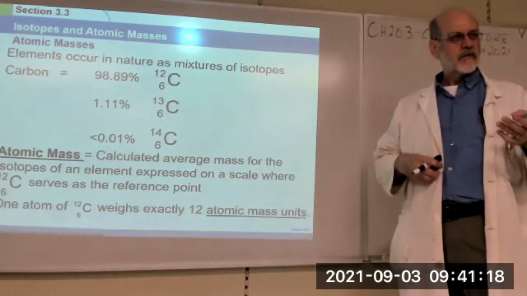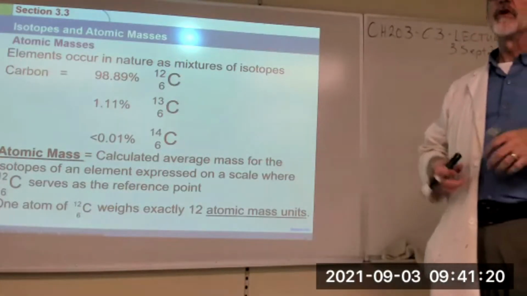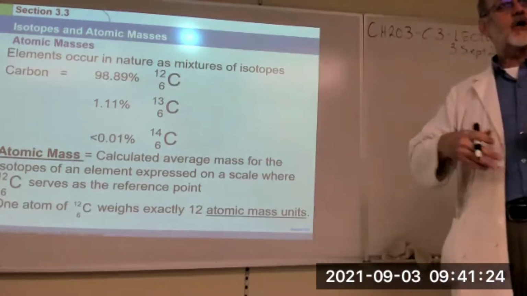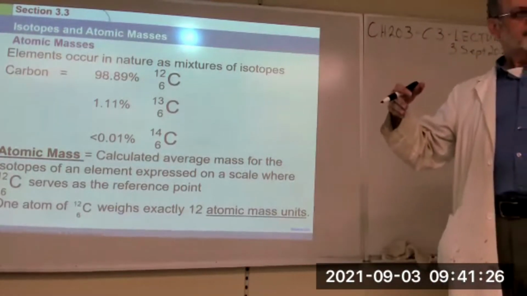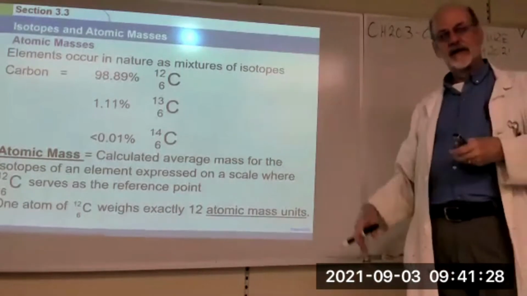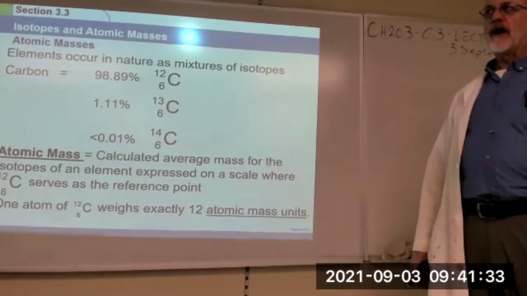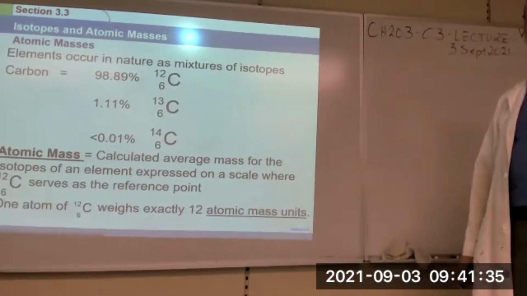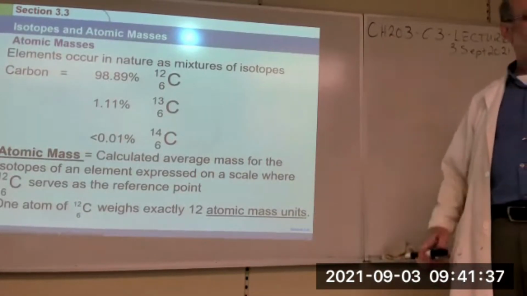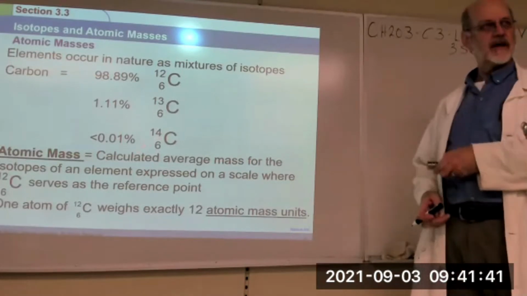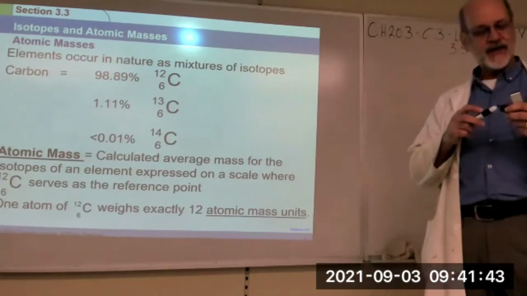So if you have rocks that you think are really, really old, you want to use a different isotope that has a longer half-life. Then you can go further back in time. For carbon-14, you probably can't go much farther than maybe 15,000 years. Anything older, there's not enough of it left. You can't figure that one out.